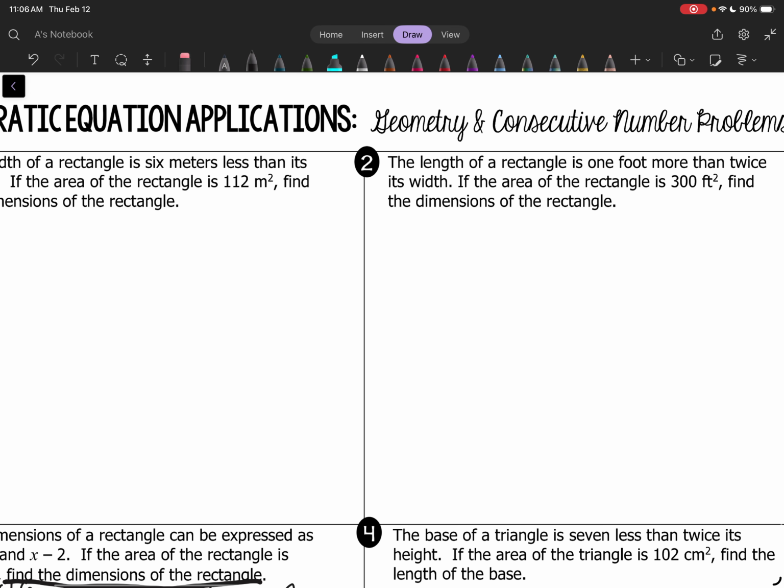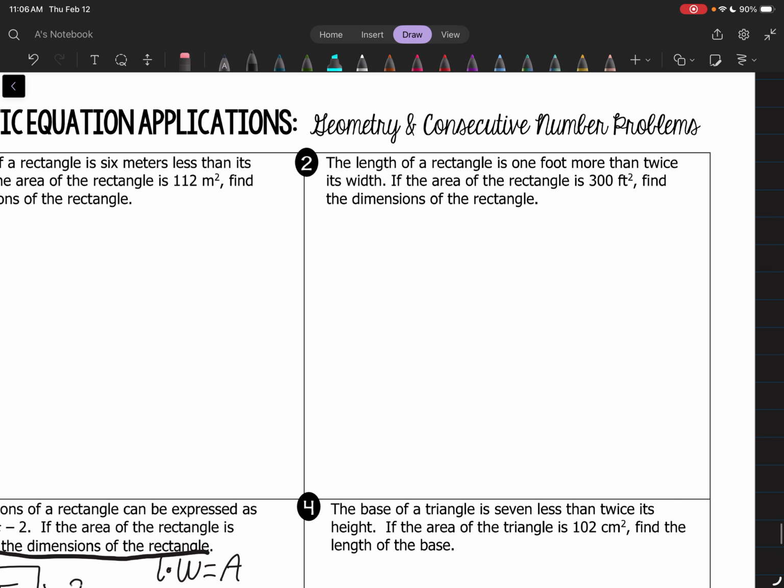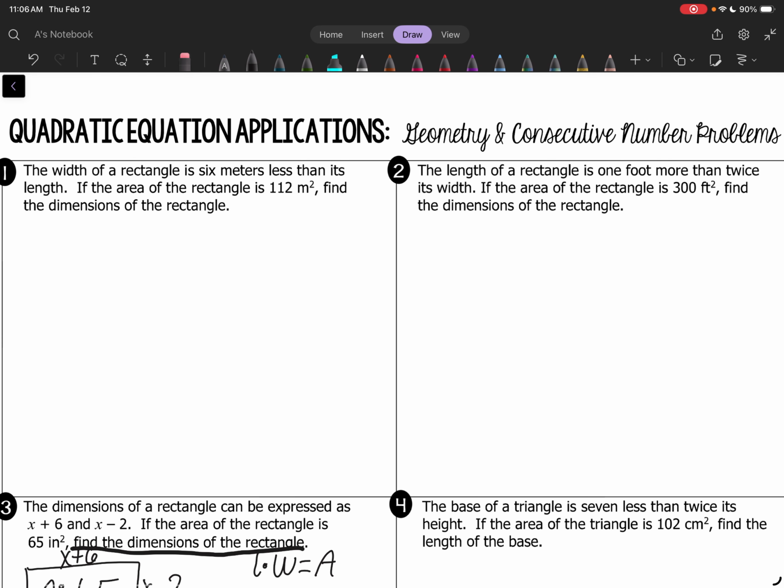Okay. You can try number 1 and 2 if you want.